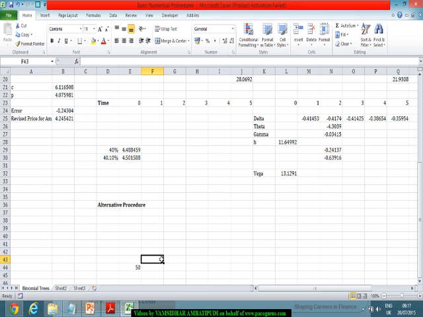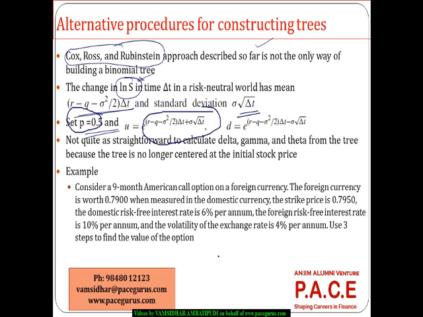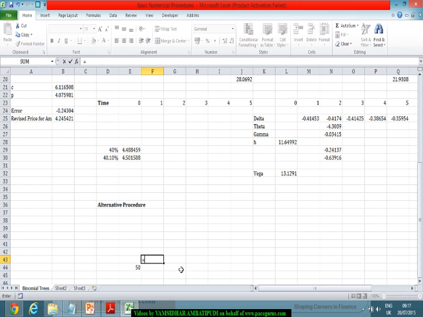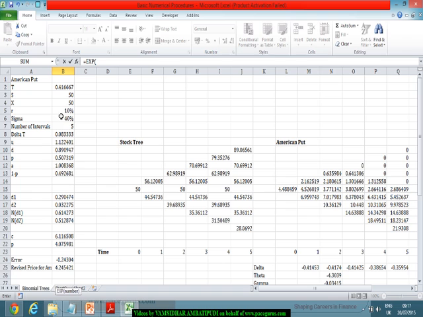So here I need to find out the u. In this case, u is going to be e to the power of r minus, q is not there, minus sigma squared by 2.